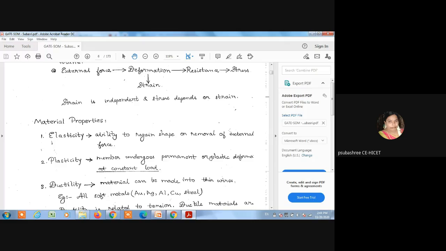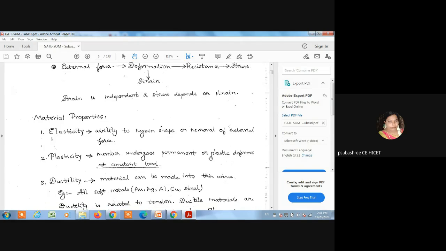The material should regain its original shape after the removal of external load. Then plasticity means the member undergoes permanent or plastic deformations at constant load.